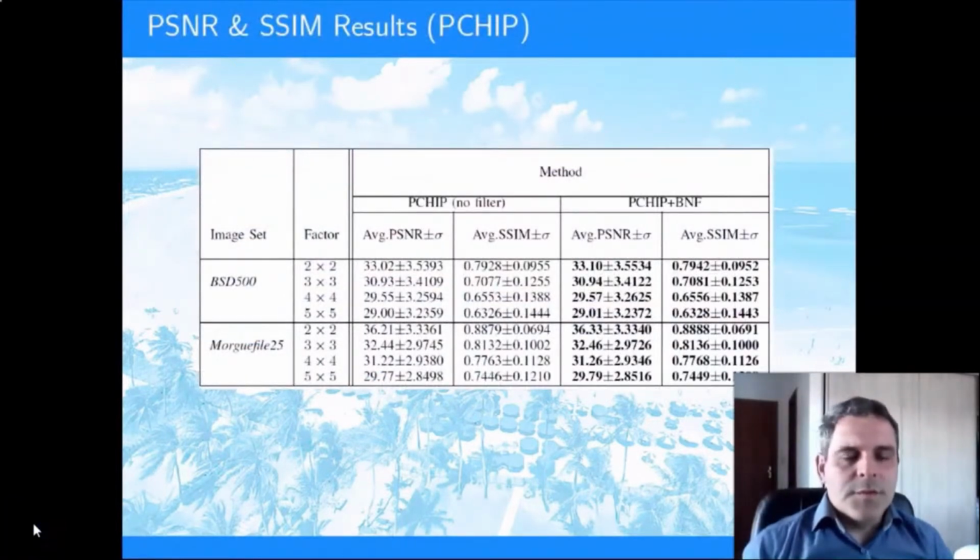Now we show the results. As you can see, on top of the bicubic algorithm, our filter achieved statistically significant improvements in the quality of the images for all magnification factors, for both SNR and structural similarity, for both image sets.